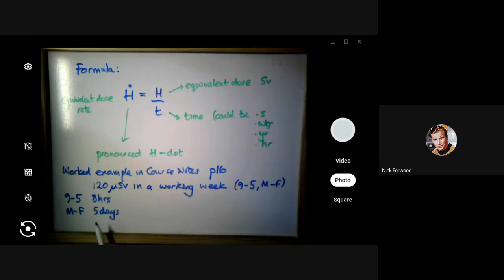Because it's a radiographer or somebody, and obviously when they come home, they're not receiving this, and they don't get that at night time when they're asleep. They only get this when they're actually at work. So to calculate what the equivalent dose rate is in a working week, we need to know how many hours in the working week, and there are 8 times 5.